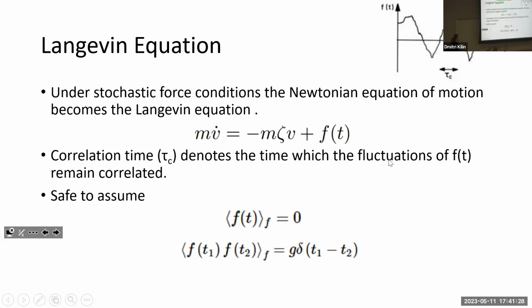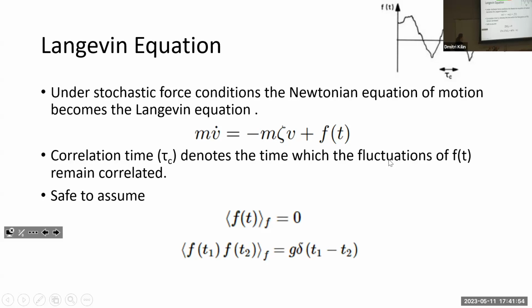This is the amplitude of the randomness happening in Ft, and tau c is in between these two. Between this and this, those fluctuations remain correlated to each other. That is used later when you do all the math to figure out the end equation that you're looking for.